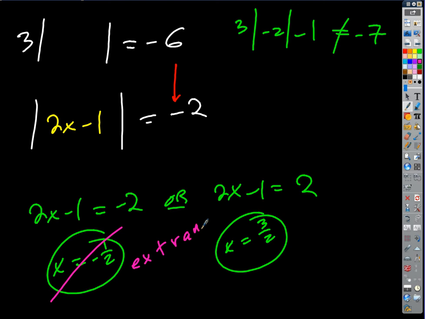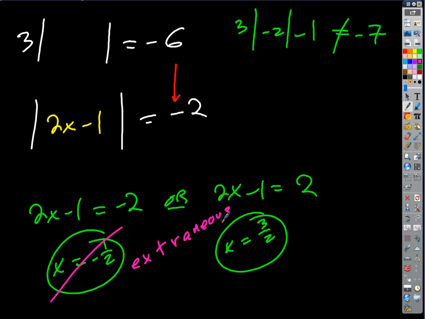Extraneous. Have you never heard that before? We've never heard that. Seriously? No. Okay. So there you go. Now you've heard it. So it's an extraneous solution. It doesn't work, right?